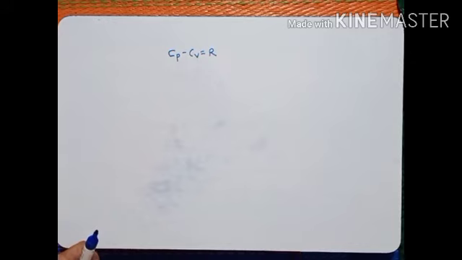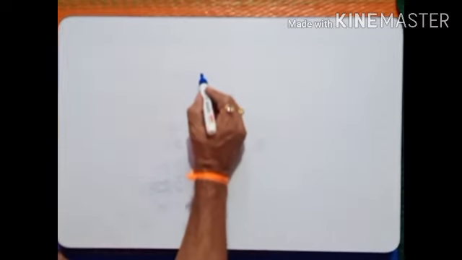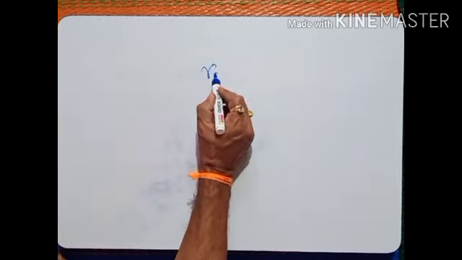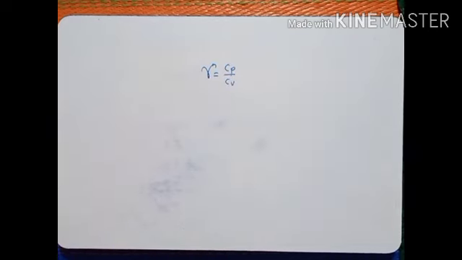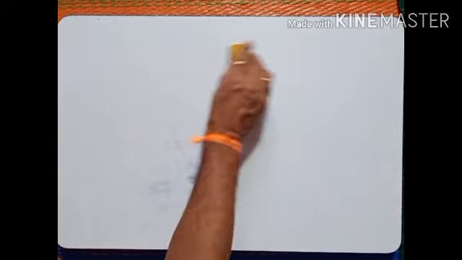Today we are going to see the relation between these two, and we are going to obtain the adiabatic constant gamma, which is equal to Cp upon Cv. Here we obtain values of gamma for 3 cases.